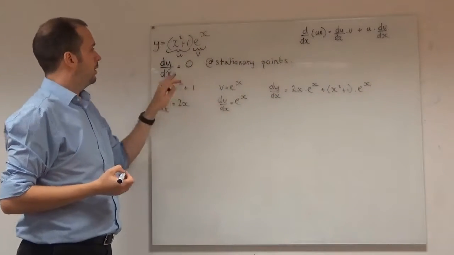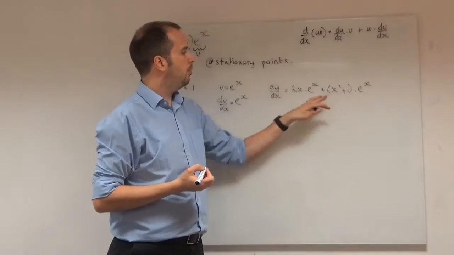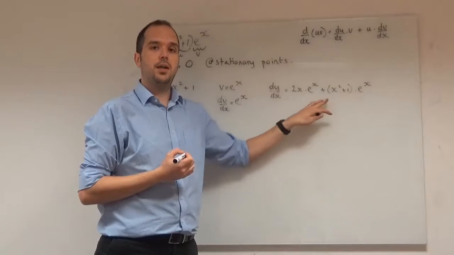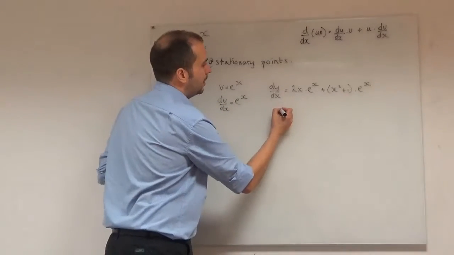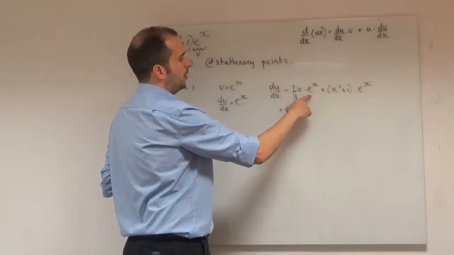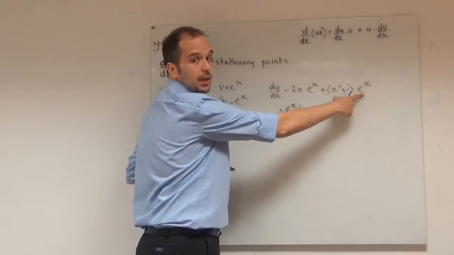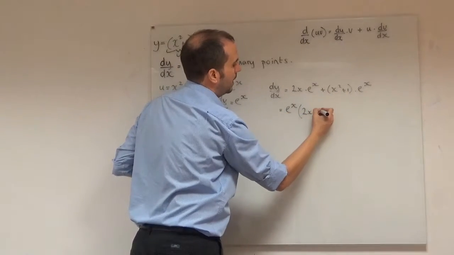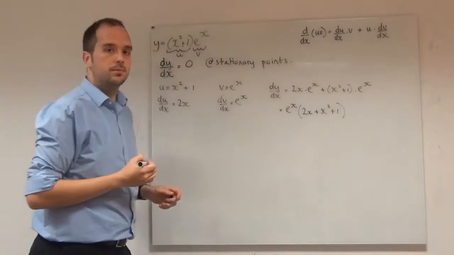Before we set this equal to 0 and start trying to solve for x, I'm just going to tidy this up by noticing that there's a common factor of e to the x in both terms. So I'm going to bring that out as a common factor. If I bring it out from here, it leaves me with a 2x. And if I bring the e to the x out from here, it leaves me with an x squared plus 1.